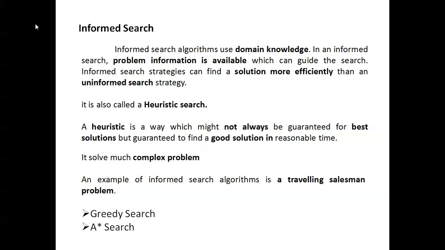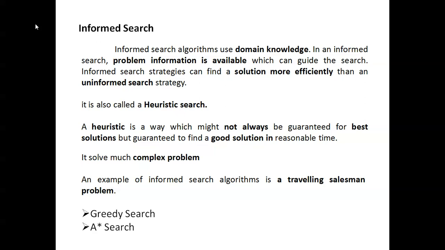Informed search is mainly used for the traveling salesman problem. Informed search has domain knowledge and the problem information, so everything is available when we are searching.